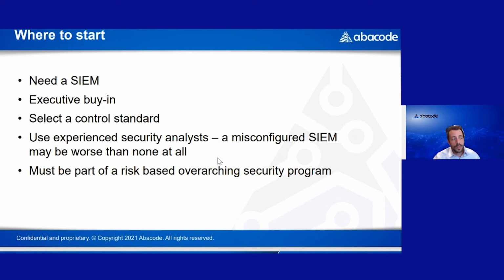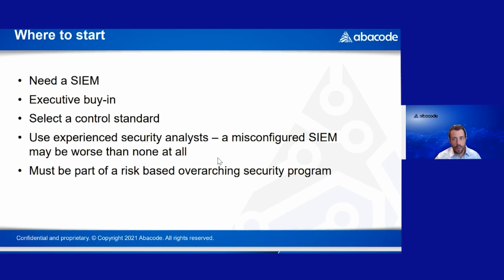And finally, this must be a part of an overall risk-based security program. The SOC and the SIEM, I would say, is the most important part of any security program, because it is the only part of your security program that will tell you that you are being breached. Every other security control is putting up a preventative barrier to prevent an attack from occurring.